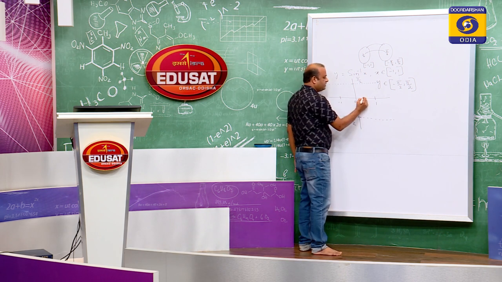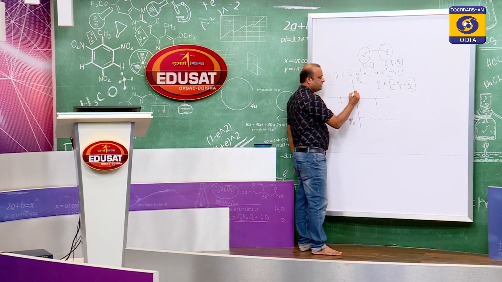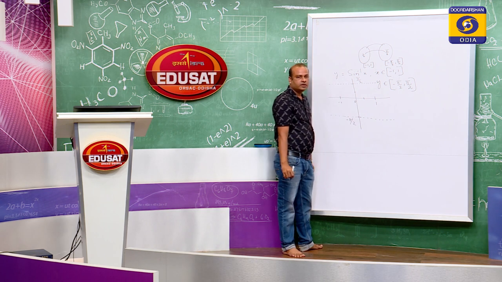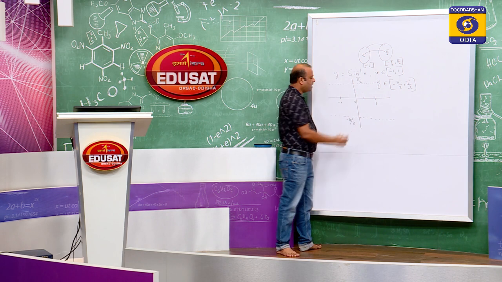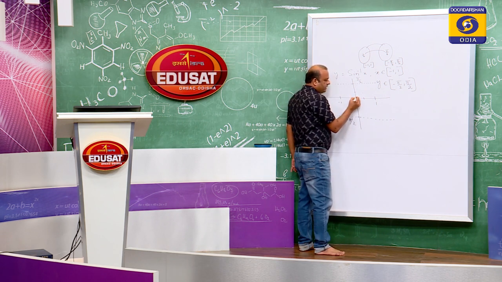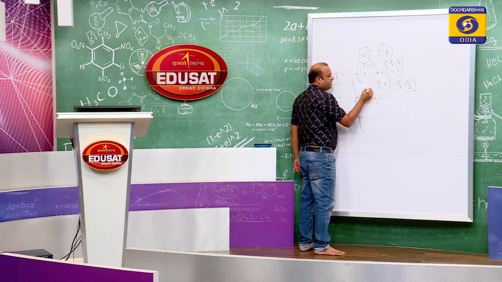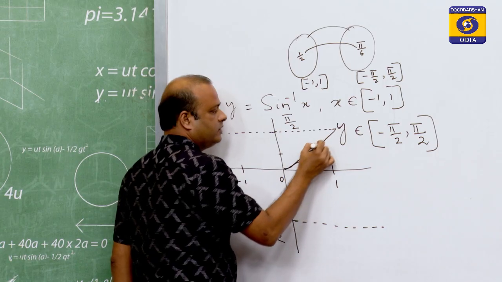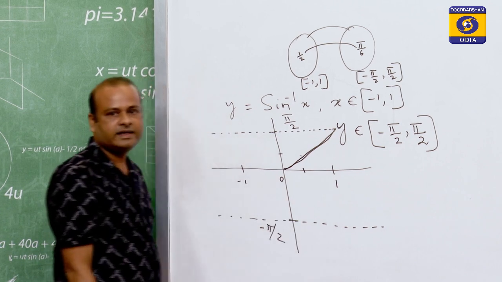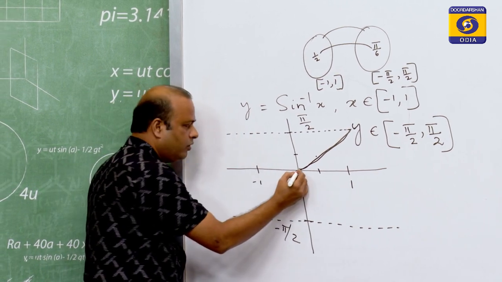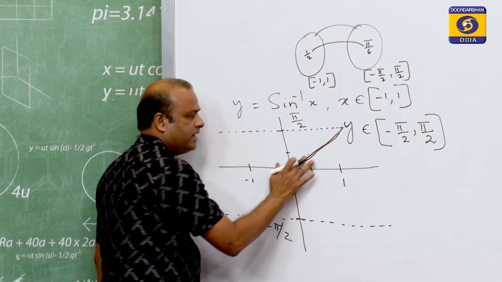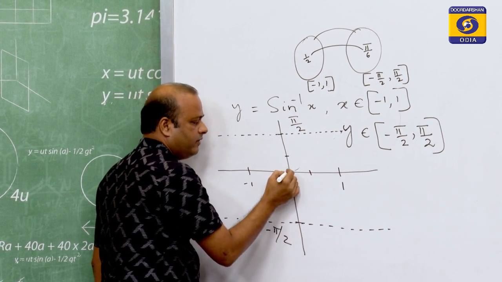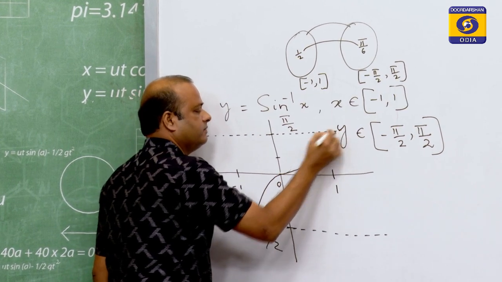If you take half here, it will be 30 degree here. So, the point is like this. Now, the graph gradually increases like this, and also in the negative side it is this. You can see the graph is like this.